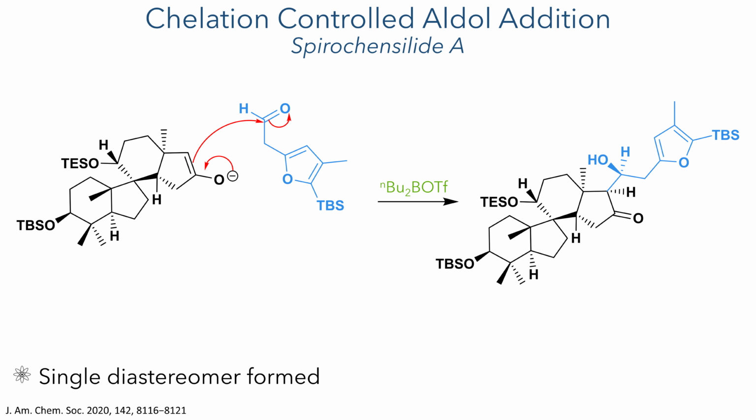Chelation control can also be used in aldol reactions by holding the two reactants together and having the stereochemistry of the product determined by the most stable conformation of the transition state. This was used in the total synthesis of spirochancellide A. In this reaction, an enolate was reacted with an aldehyde in the presence of a boron salt, which generated a single isomer.